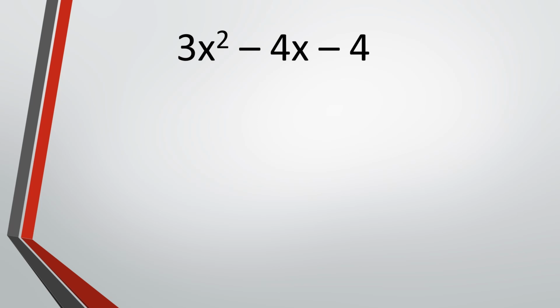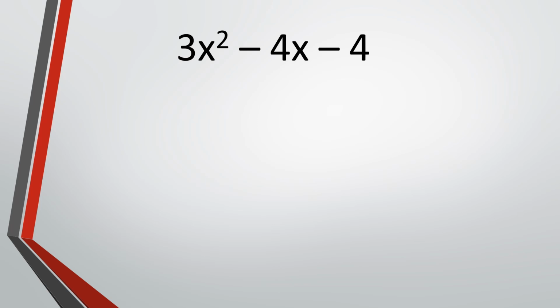Alright, now we have this: 3x squared minus 4x minus 4. Take note, our first term here has a coefficient of 3. So here actually we can apply trial and error, but for us to really get the desired answer, we will follow a step-by-step process.